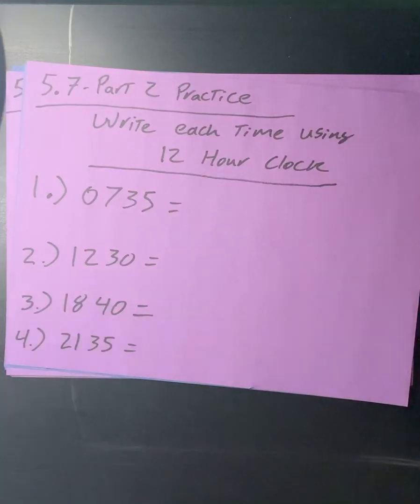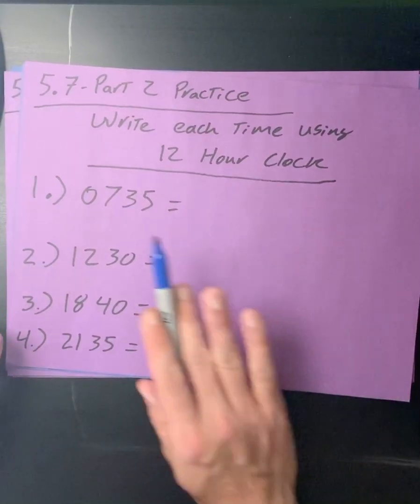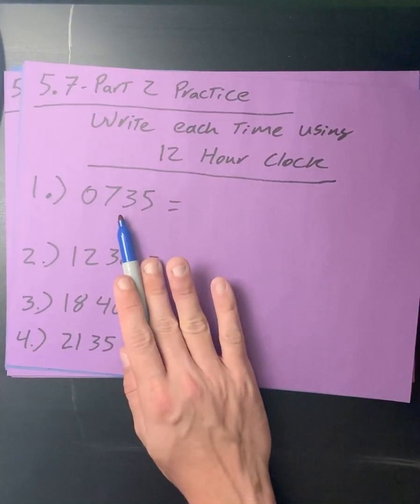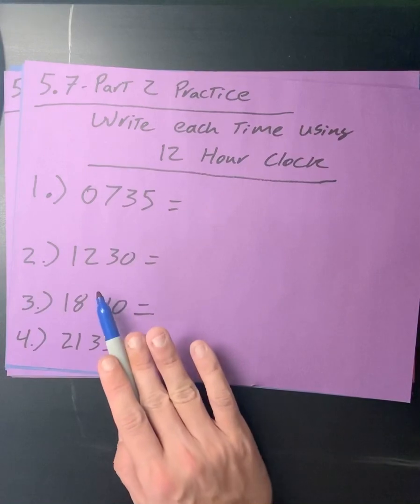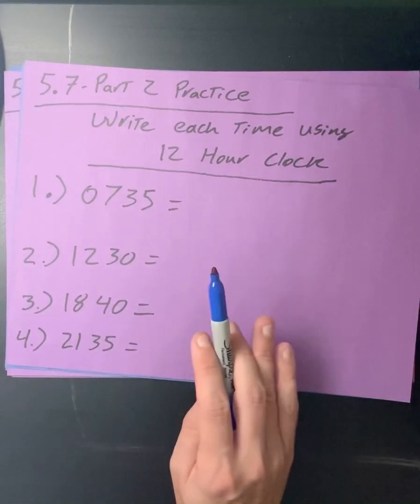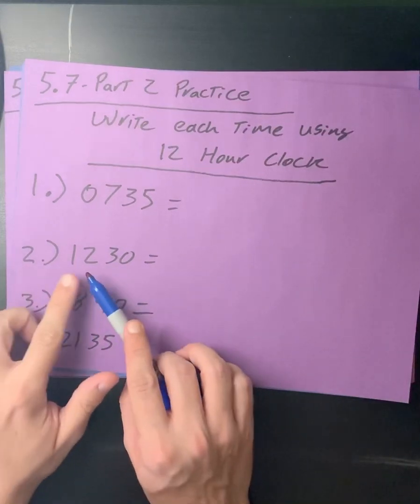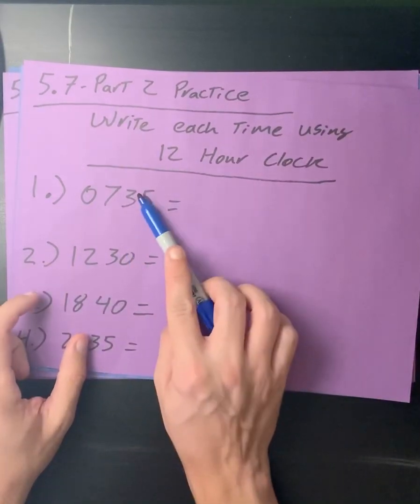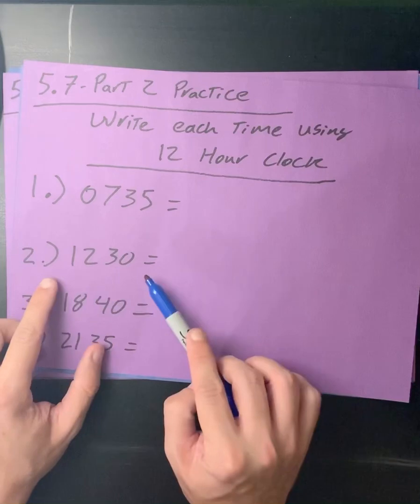Okay, some more practice problems of doing the reverse, converting our 24-hour time into 12-hour time. To distinguish whether it is AM or PM: if it is 12 or less, it is AM, well, 12 being noon.